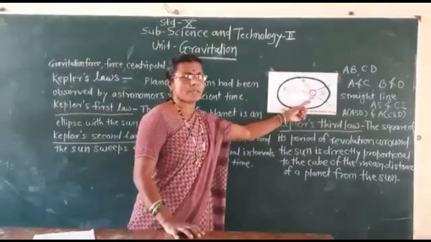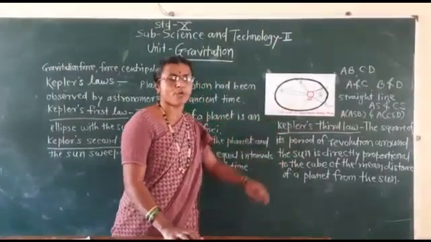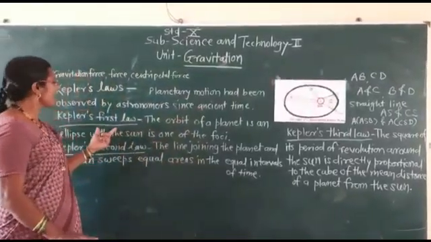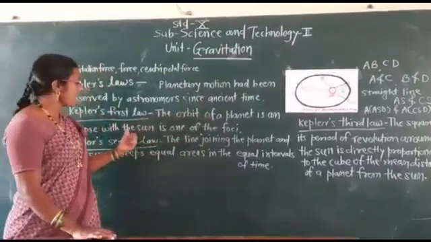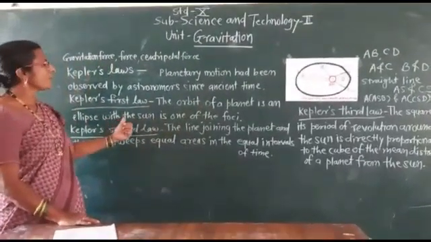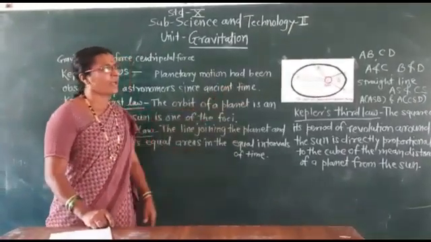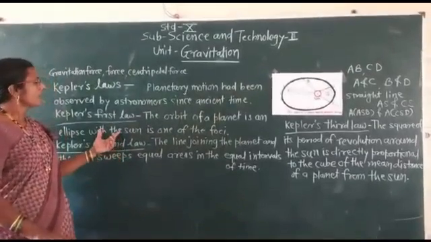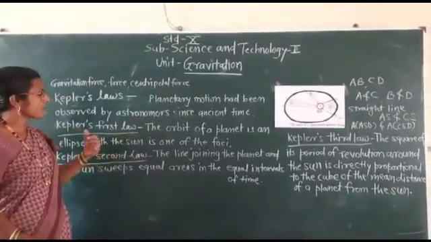The sun is denoted by S and is placed at one of the foci. Once again, the orbit of a planet is an ellipse with the sun at one of the foci. This is the first Kepler's law.